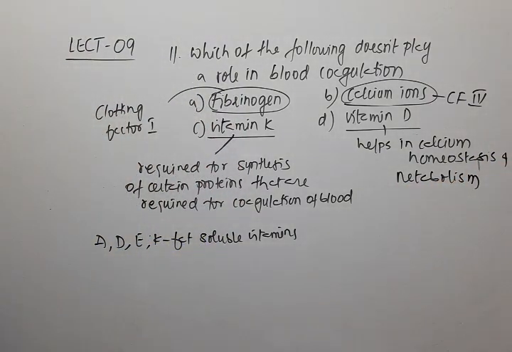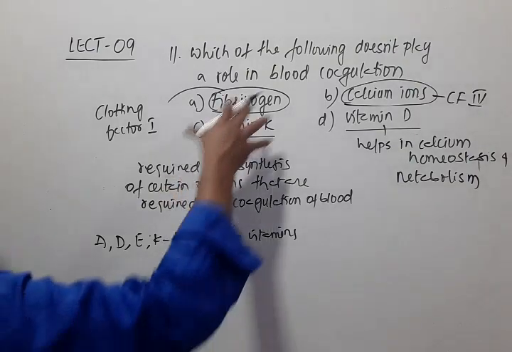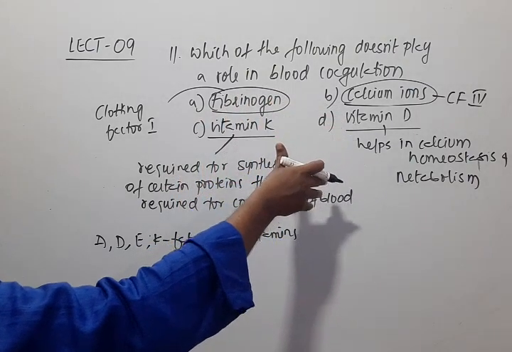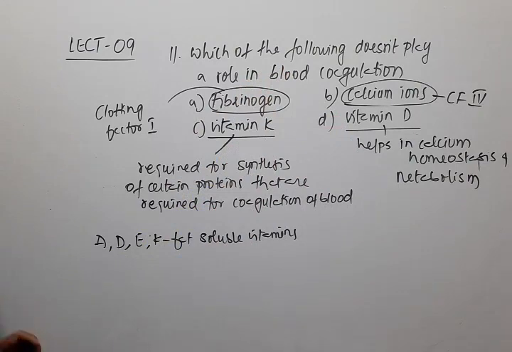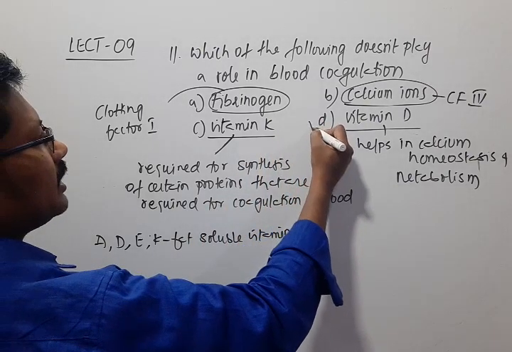That's why it is also called calciferol. So out of the four options, which of the following doesn't play a role in blood coagulation will be vitamin D.